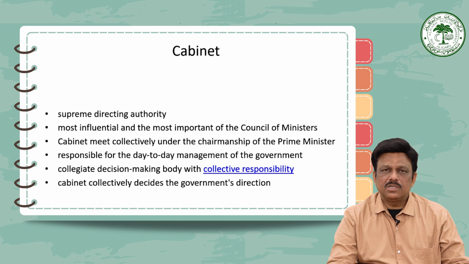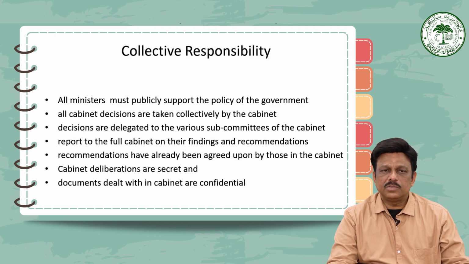In some countries, it is a collegiate decision-making body with a collective responsibility, while in others, it may function either as a purely advisory body or an assisting institution to a decision-making head of state or head of government. In some countries, particularly those that use a parliamentary system, like the United Kingdom, the cabinet collectively decides the government's direction, especially in regard to legislation passed by the Parliament.